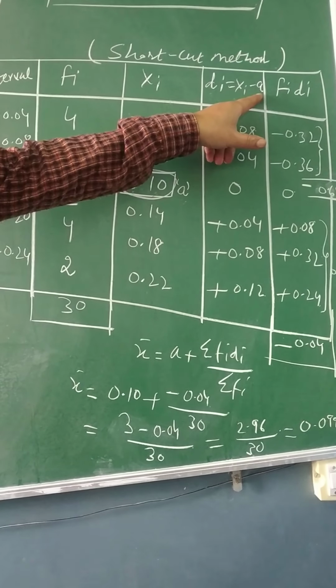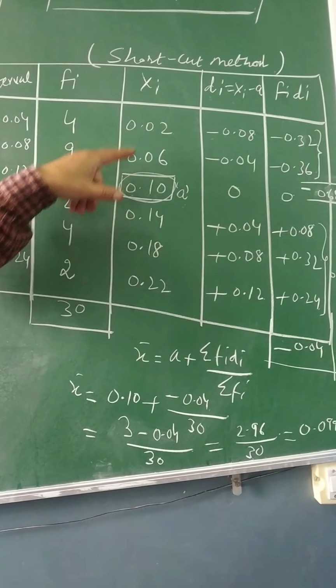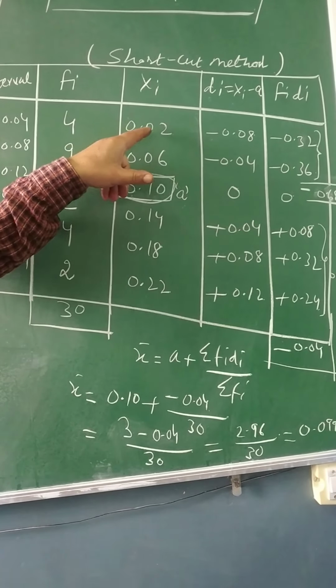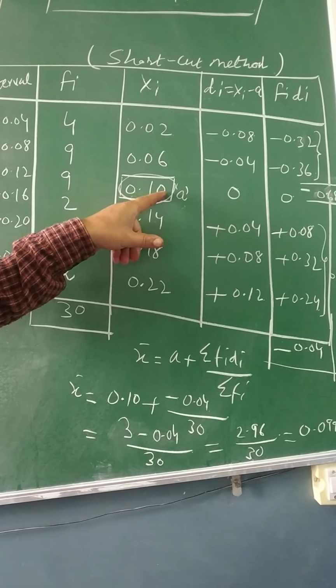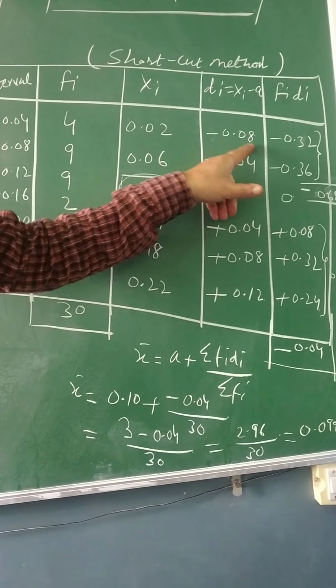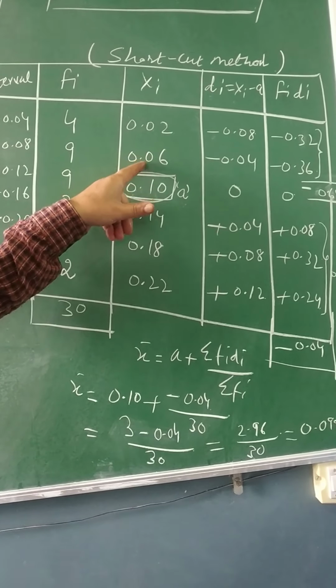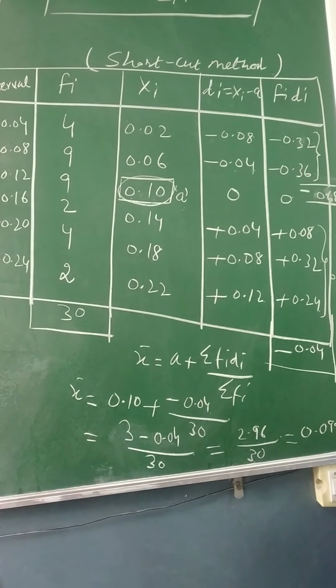I have written very clearly here. So Xi minus A, first reading: plus 0.02 minus 0.10. So 0.10 is greater, so the sign will be of the greater term. So this will be coming in negative sign. Similarly, plus 0.06 minus 0.10 will give you minus 0.04.